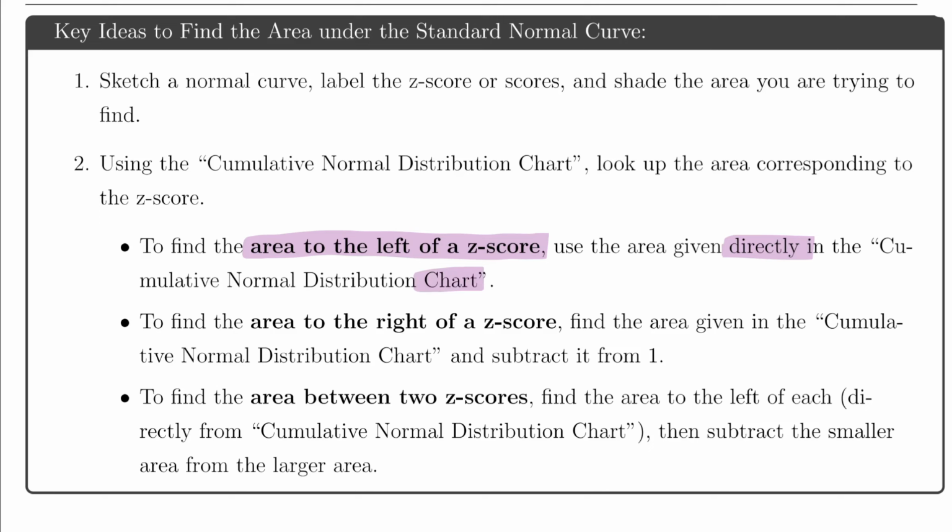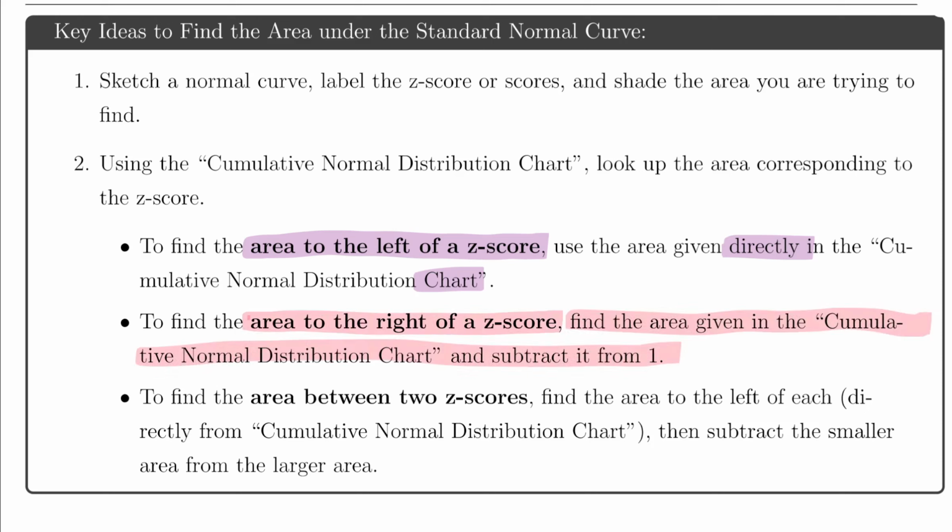If you're asked instead to find area to the right of the z-score, we can still do so, but we're going to not take the chart's value directly. Instead, we must find that value and subtract it from 1 because we're getting the other portion. Because the chart automatically gives you the value to the left, by subtracting that value from 1, you get the value to the right.